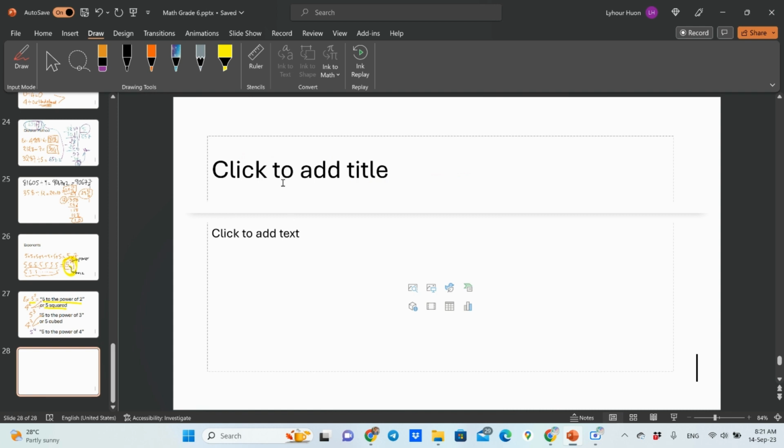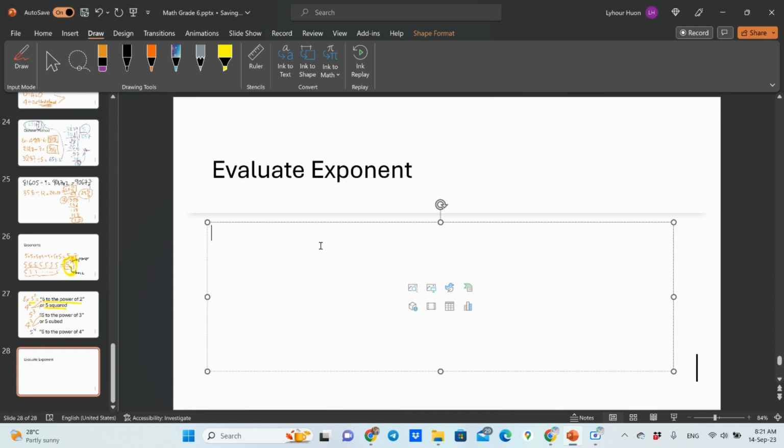Now, how can we evaluate the exponents? I think you will study this in your next chapter, like chapter 3. Right here, for example, what is 5 squared?